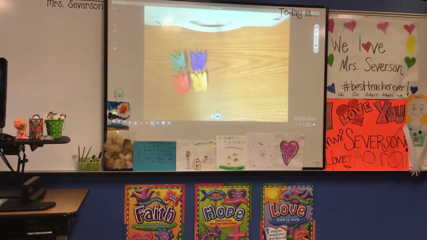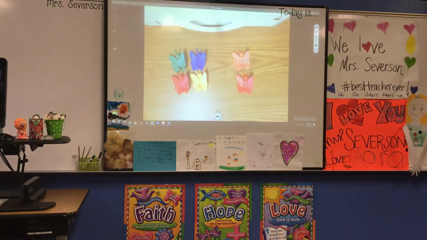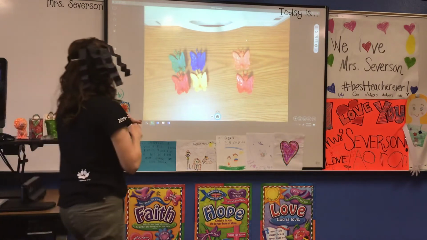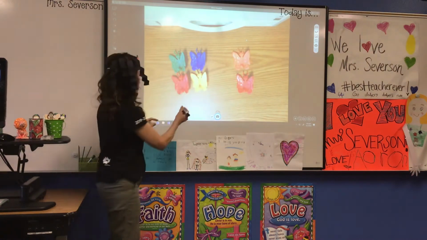Great. Then 2 more butterflies flew up. If you had 4 butterflies and 2 more flew up, what is your sum? I like to see you set your problem up and do the sum. So you're gonna do 1, 2, 3, 4. Did you write a 4?